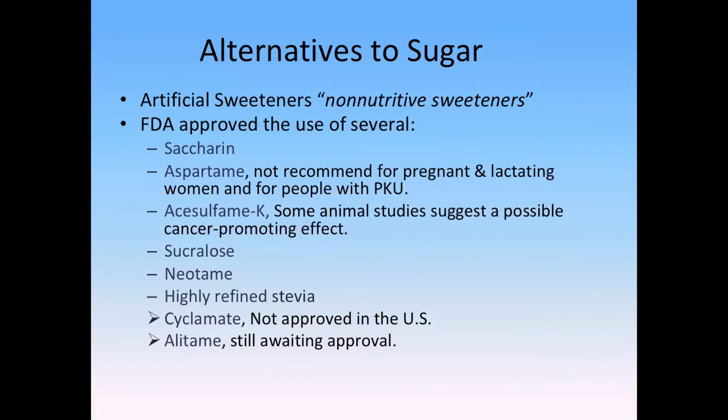Some of them are not yet approved, and some of them, as you may know, like aspartame, contain phenylalanine. Patients who have phenylketonuria should not consume it. Also for pregnant and lactating women, it's not really advised.